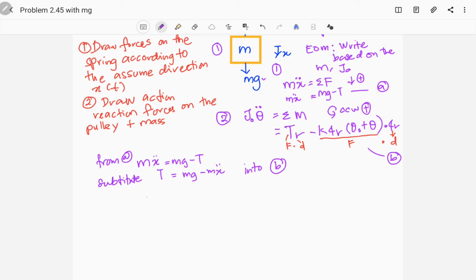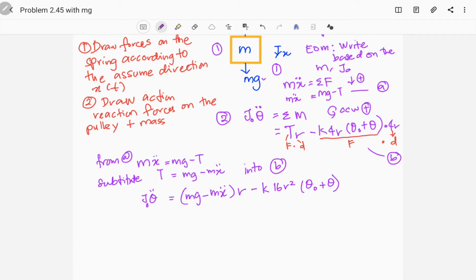So B, you can write your B: J naught theta double dot equals to T, which is mg minus m x double dot, times r, minus you have your K for R. So this will become 16R, 4 times 4 is 16R square, and then you have your theta naught plus theta.